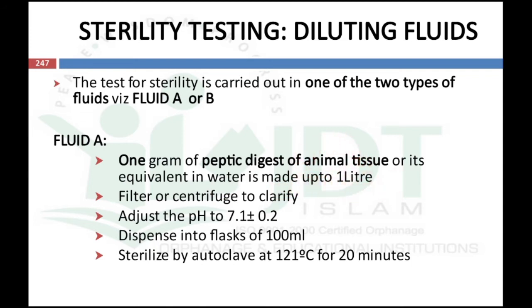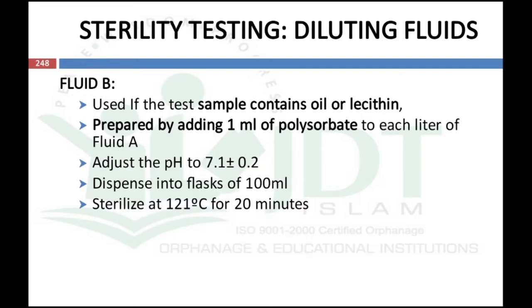Then we have to filter and centrifuge to clarify, then adjust the pH to 7.1 plus or minus 0.2, and then dispense in a 100 ml standard flask and sterilize at 121 degrees Celsius for 20 minutes, or by using fluid B, which is used when the sample contains oil or lecithin as a test solution.